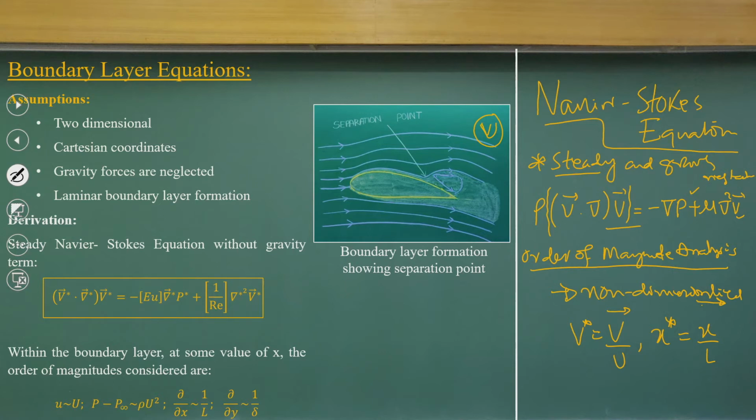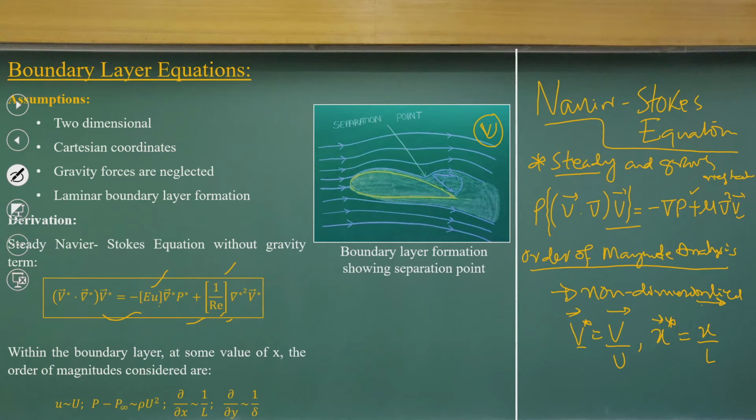Once you know these non-dimensional forms, v star, it is a vector form, you will get non-dimensional equations. When we do this dimensional analysis, we look at what the functions are, as a function of the Reynolds number and the Euler number. Okay, that is what we got.